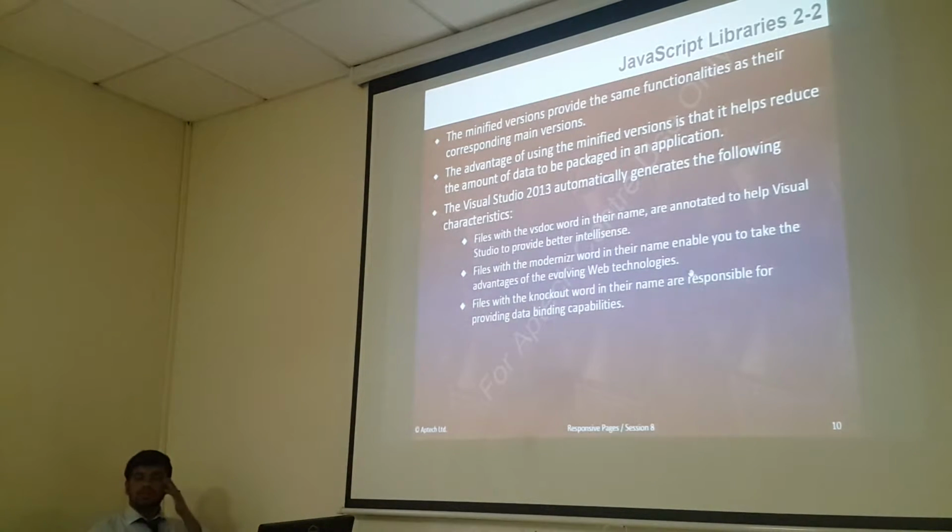If you observe some of the functions, it will show you the modernizr keyword. Files with the "knockout" word in their name are responsible for providing data binding capability. So these are the extra features it will automatically generate whenever you get JavaScript functions.